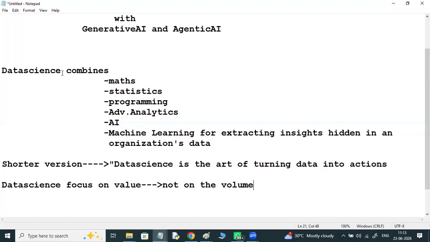Data science is the study of data. It helps in collecting, organizing, and understanding the data, understanding the information.